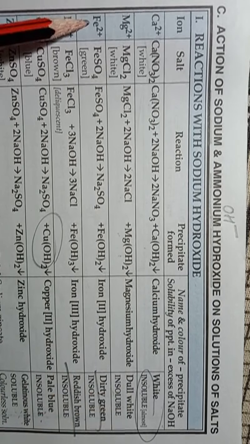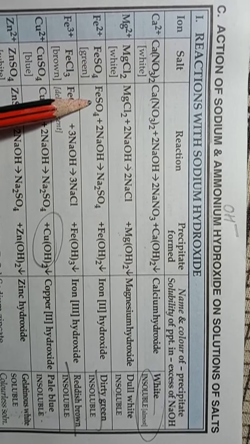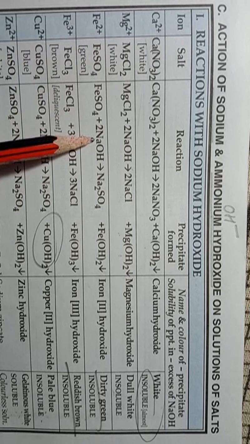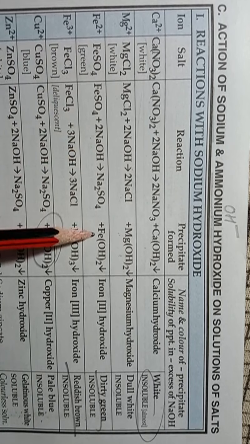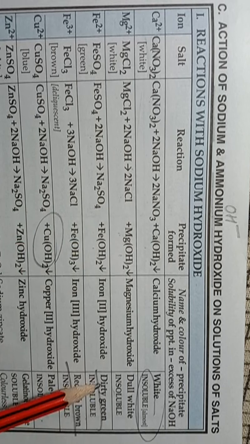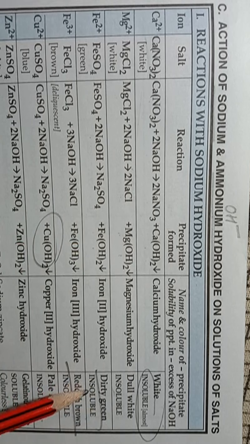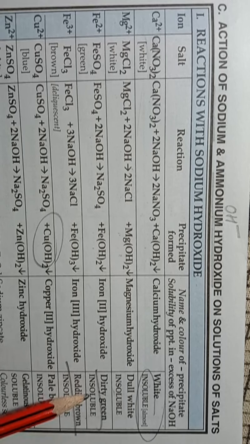Then ferrous ion. Ferrous ions in the form of ferrous sulfate react with sodium hydroxide, forming ferrous hydroxide. This ferrous hydroxide is dirty green in color and also insoluble in excess of sodium hydroxide.